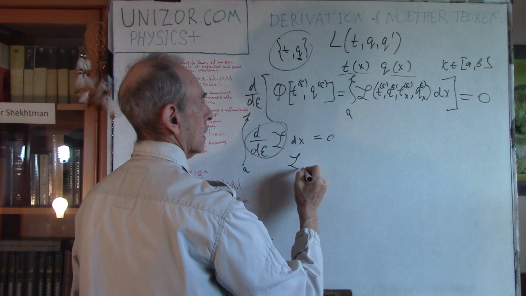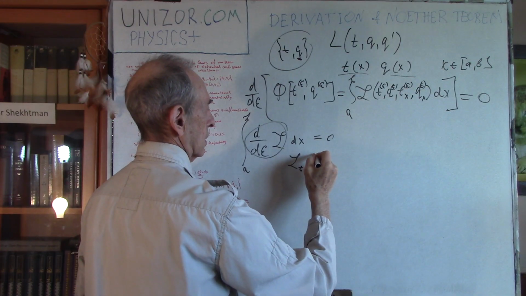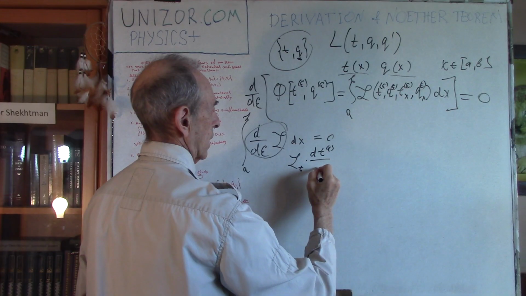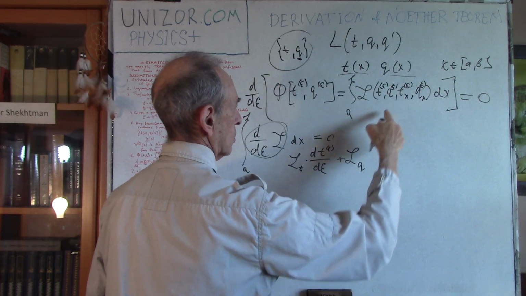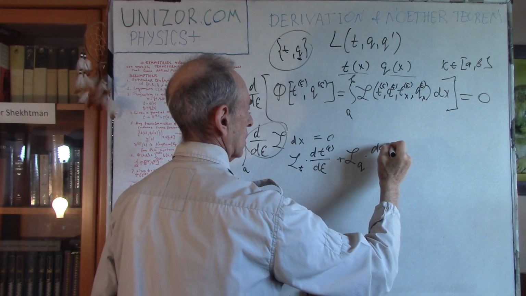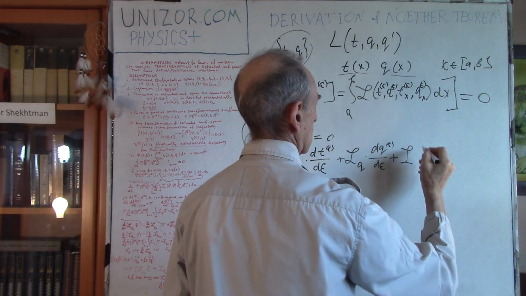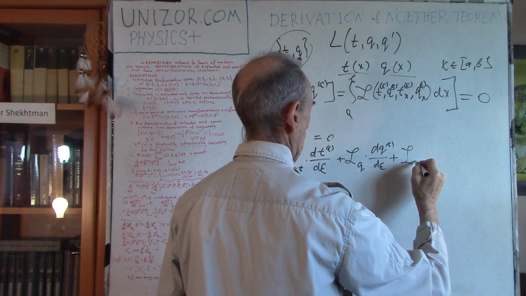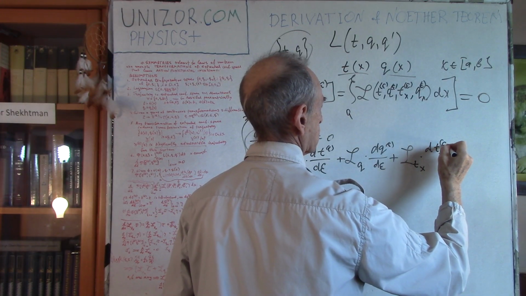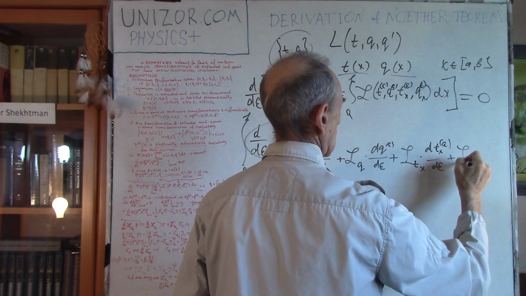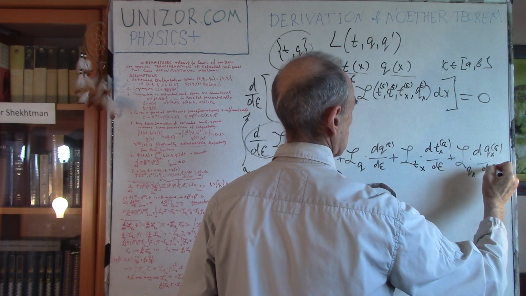Well, it's L partial derivative by t times the derivative of t epsilon by d epsilon, plus partial derivative by q times dq epsilon by d epsilon, plus partial derivative by t_x times d t_x epsilon by d epsilon, plus partial derivative by q_x times d q_x epsilon by d epsilon.